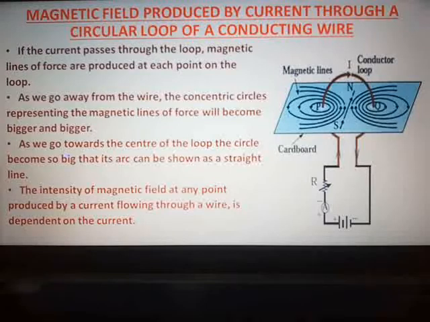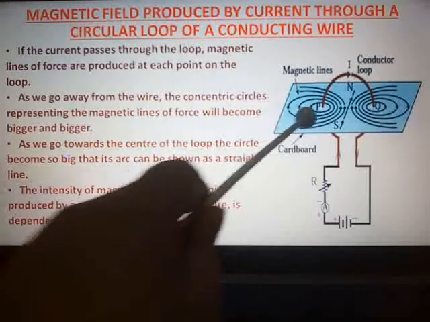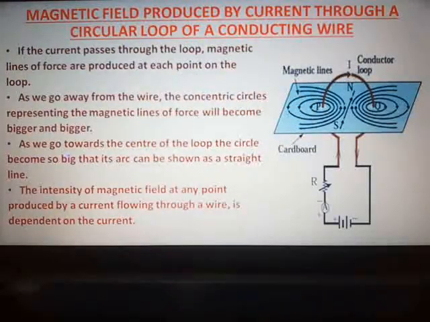And by making use of the right hand thumb rule which we have studied just now, you have to check that every point on the loop contributes magnetic lines of force at the center of the loop, and these lines of force at the center are in the same direction.